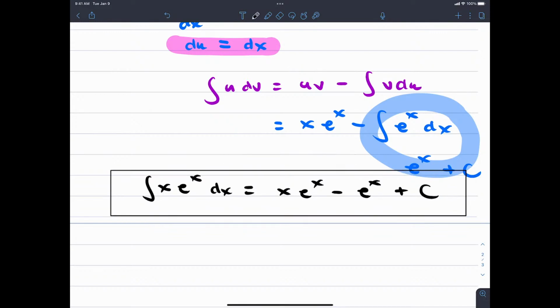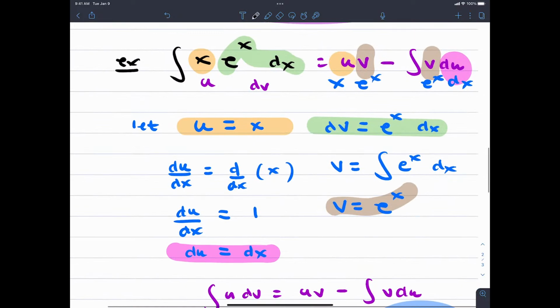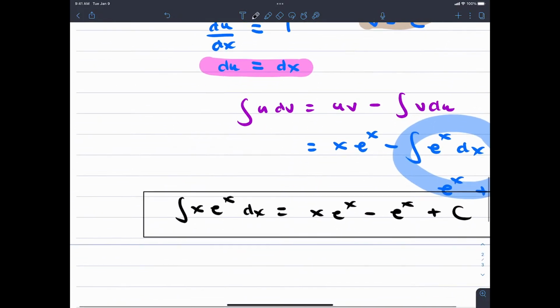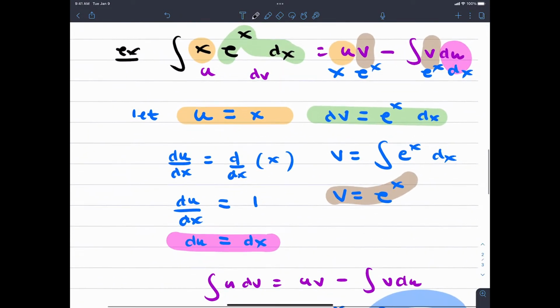So now what you guys have is another tool in your belt to actually integrate functions. Okay, you guys okay with that one? Because that's probably the easiest one you can do in integration by parts.